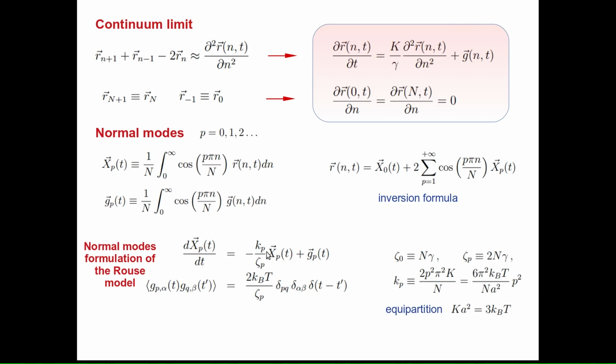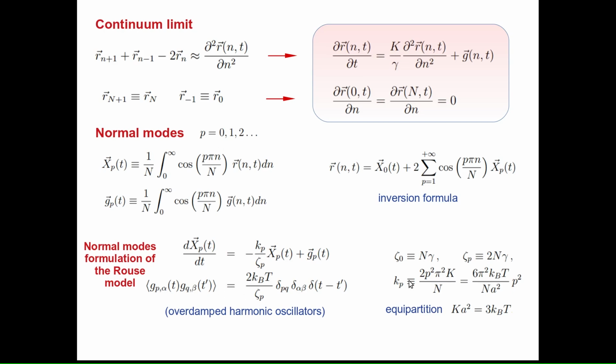This zeta of p is a kind of friction coefficient, and this k of p is a kind of stiffness coefficient, because we recognize here the equations of overdamped harmonic oscillators. We have already solved these equations, so we don't have to do anything, just go back to the solutions we obtained for overdamped harmonic oscillators and apply them to our case.